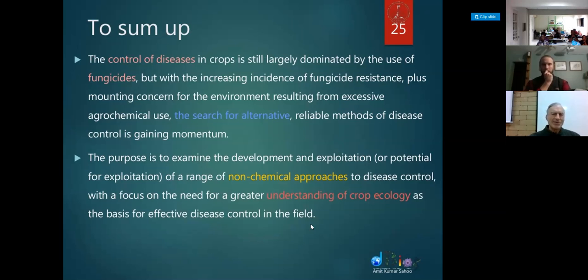The search for alternative, reliable methods of disease control is gaining momentum. So the purpose is to examine the potential for exploitation of a range of non-chemical approaches to disease control, with a focus on the need for a greater understanding of crop ecology as a basis for effective control in the field. I think that says it pretty well.